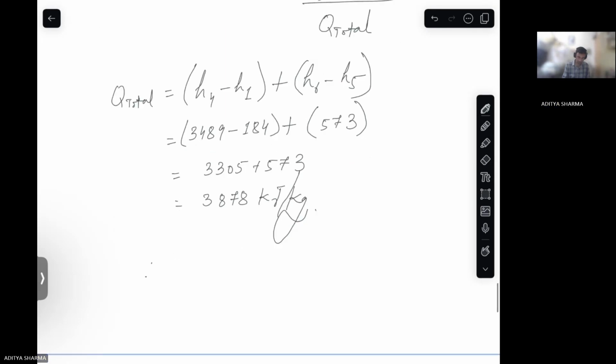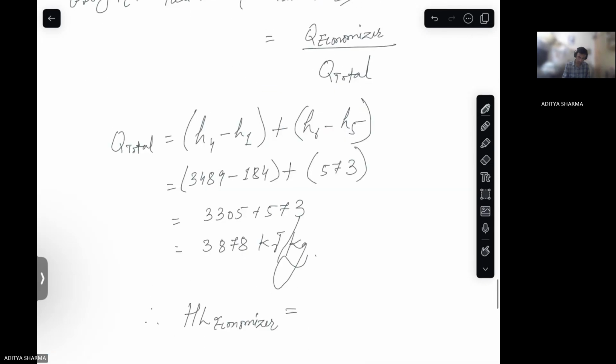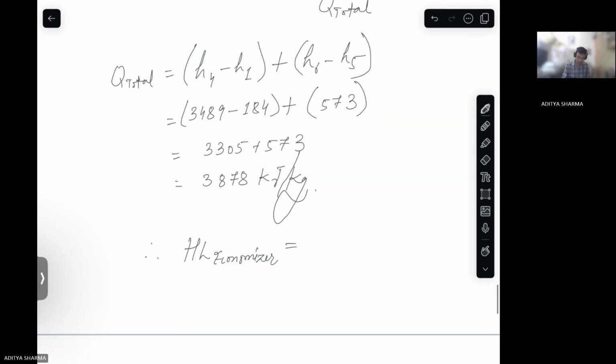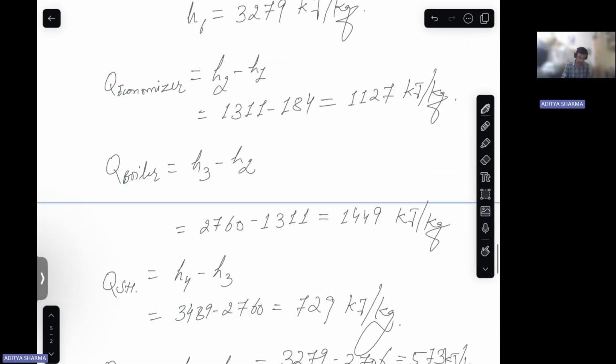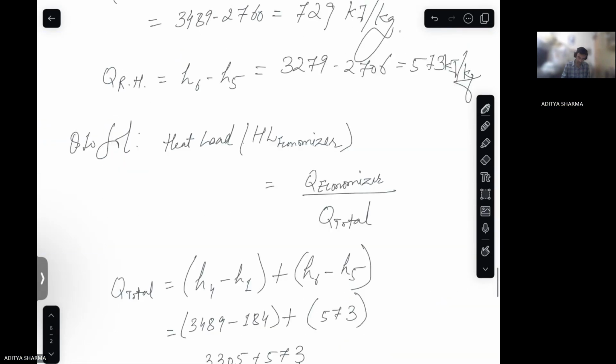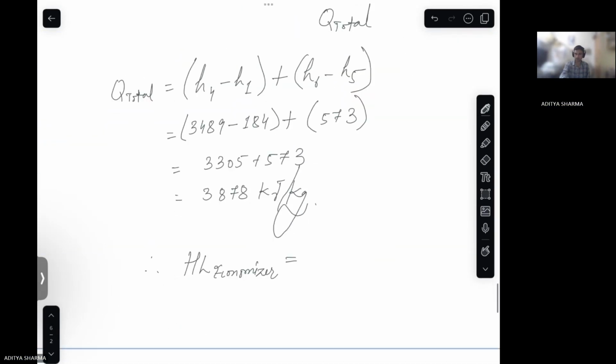So heat load for your economizer is, so Q economizer is 1127. Q total is 3878.